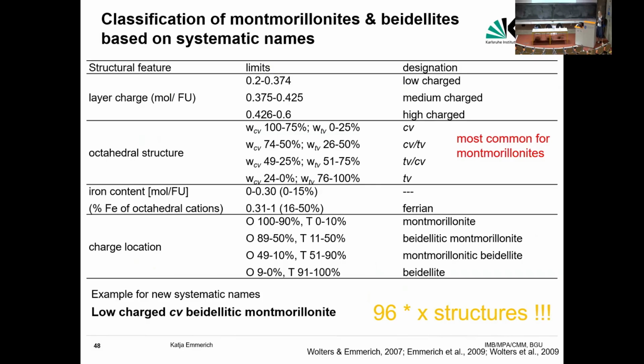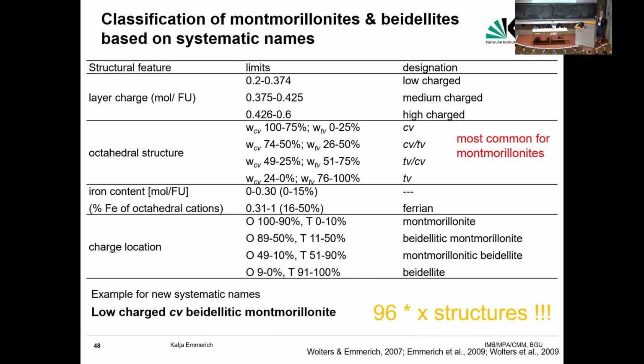Montmorillonites, by definition, have the substitution only in the octahedral sheet, while beidellites by definition have their substitutions only in the tetrahedral sheet. But any natural sample will have substitutions in the tetrahedral sheet and the octahedral sheet. And then we also have to remind ourselves that smectites are defined by a layer charge between 0.2 and 0.6.